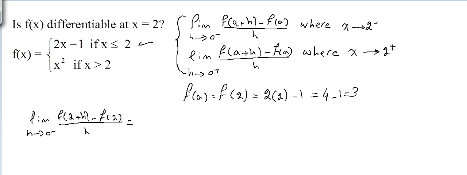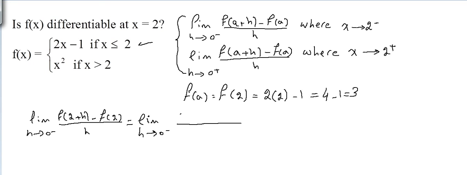As h tends to 0 minus, this means x tends to 2 minus, so here we substitute 2 plus h instead of x.